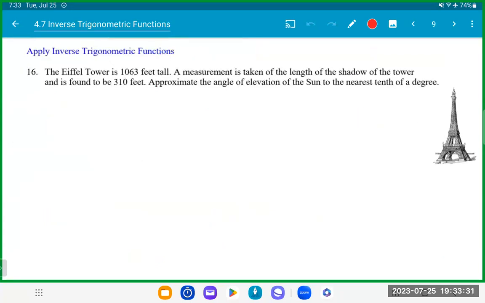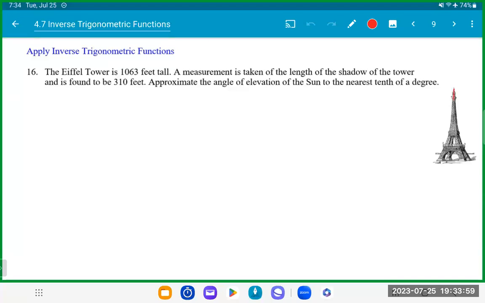All right, so let's look at some of our application problems. For this one, we have the Eiffel Tower is 1,063 feet tall, and a measurement is taken of the length of its shadow, and it's found to be 310 feet. Approximate the angle of elevation from the sun to the nearest degree.